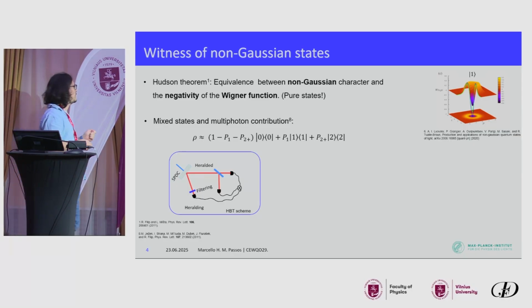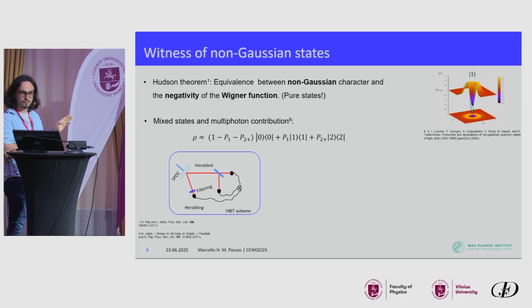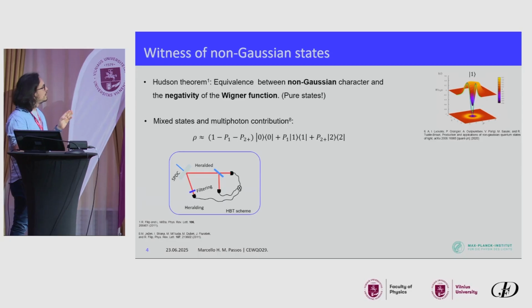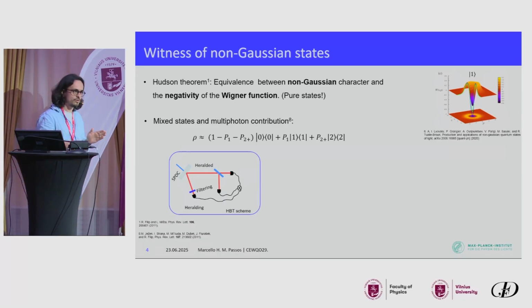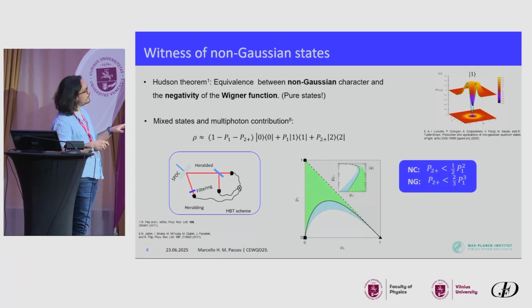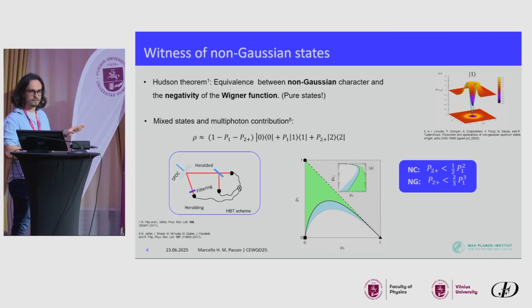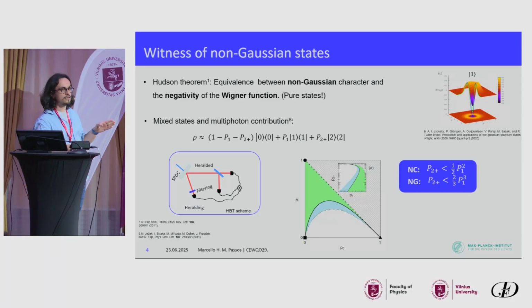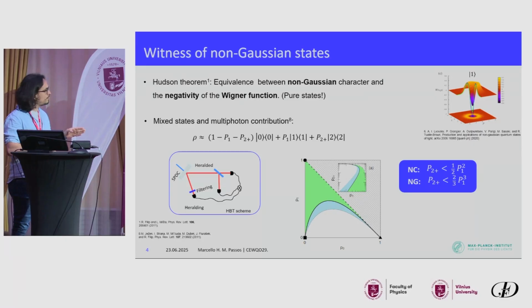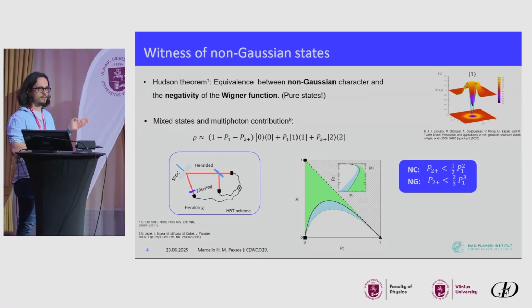So in 2011, Filip and Mišta came up with a certification which is based on an HBT scheme, which basically measures the probability to have a vacuum, single photon, and multi-photon contribution. This plot shows the certification protocol in terms of P0 and P1. The green area is non-Gaussian, the blue area is non-classical. The shaded region, which we call the non-physical region, is where the sum of P0 and P1 is bigger than 1.